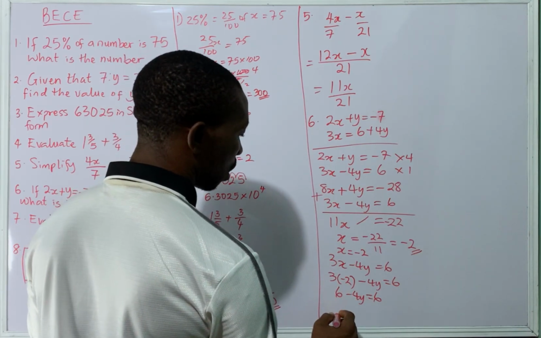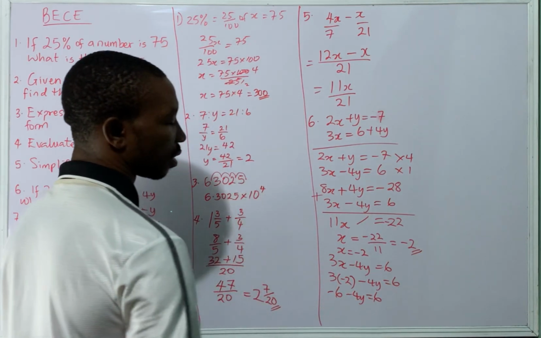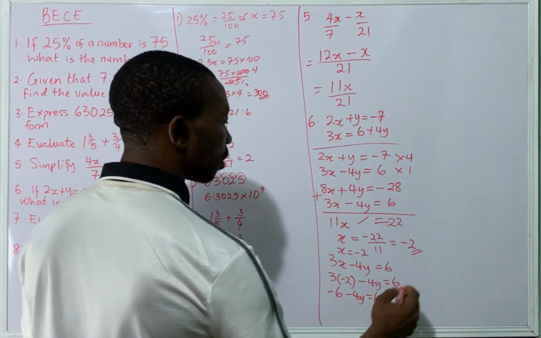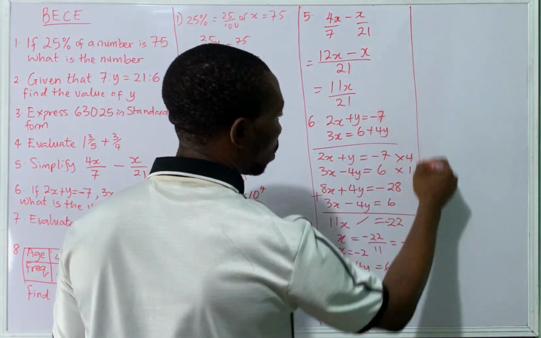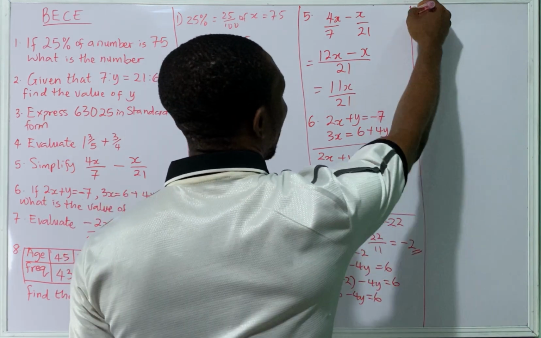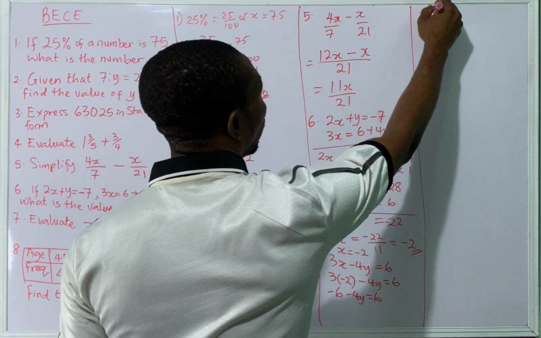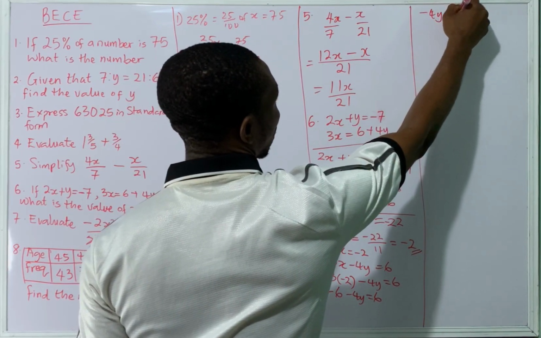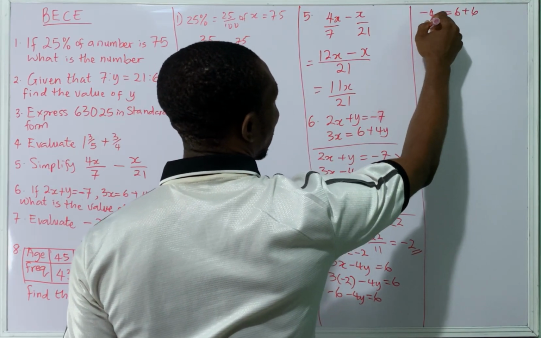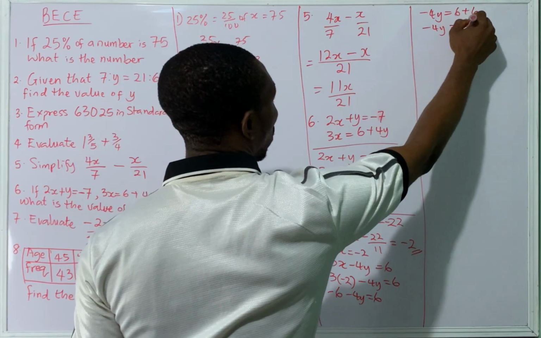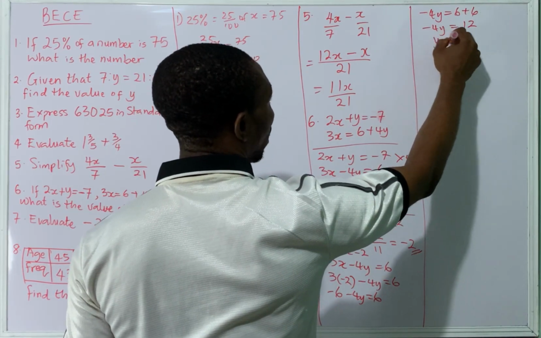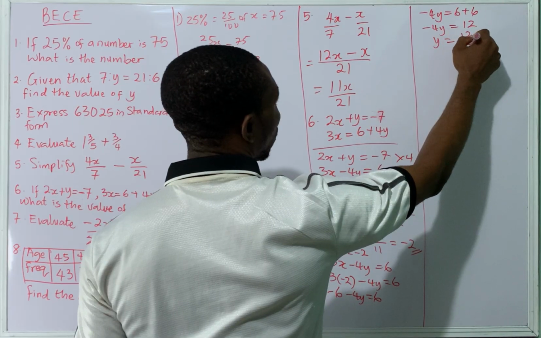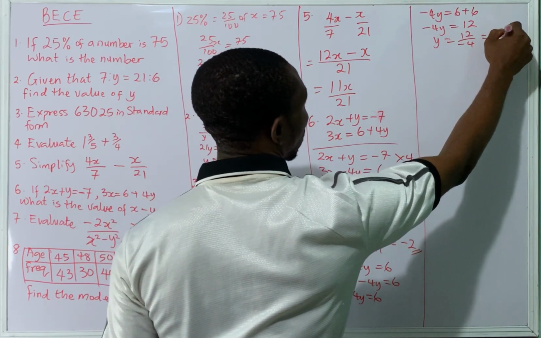Sorry, this is minus 6. All right, so minus 6 going over would give us minus 4y equals 6 plus 6. So minus 4y equals 12. So y equals 12 over minus 4, which is minus 3.